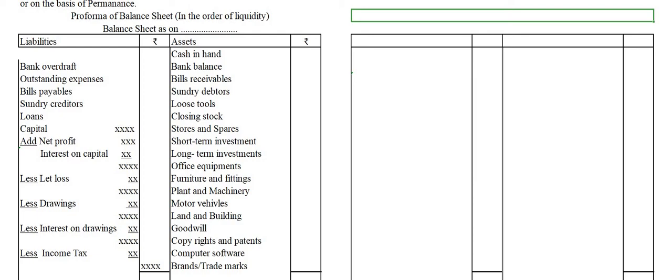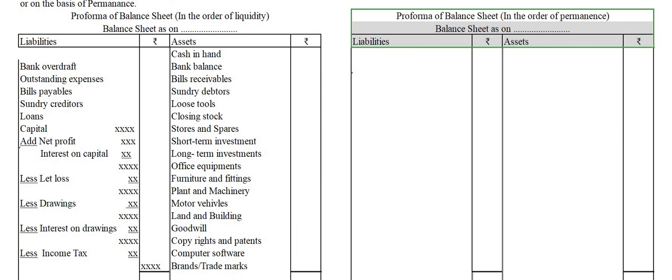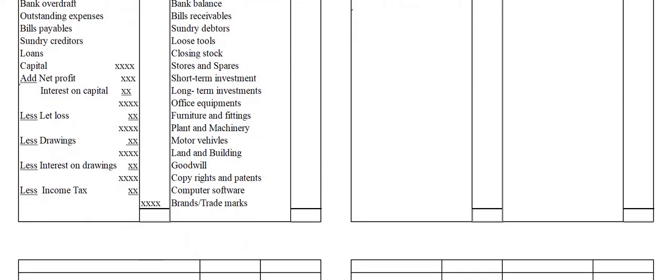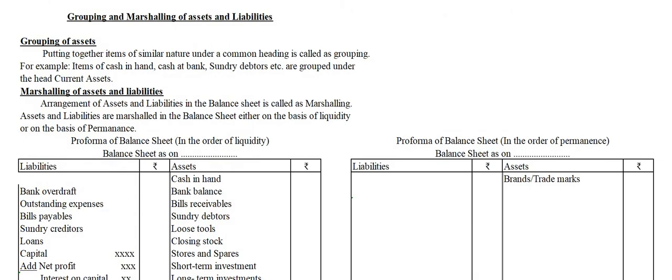So now let us see the pro forma of the balance sheet on the basis of permanence, or in the order of permanence. Let us see the asset side. We have said that first the least liquid asset will be shown. So it is the opposite of the balance sheet which we have seen in the liquidity method.